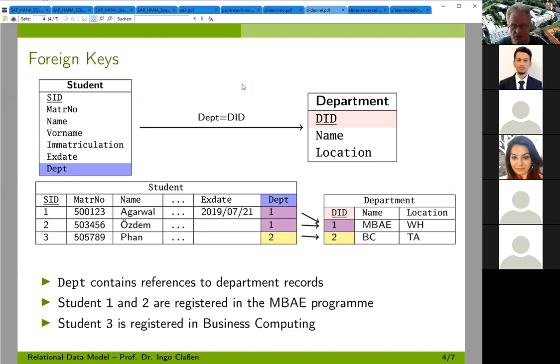It is read as follows: each department could have many students, and each student is related to one department. Why is it the case? Because if I take one student record, I only have one slot, namely the department slot, where I can put that number in.